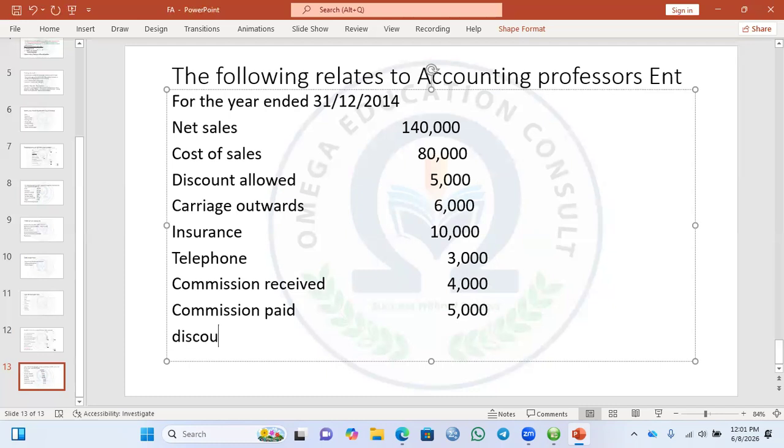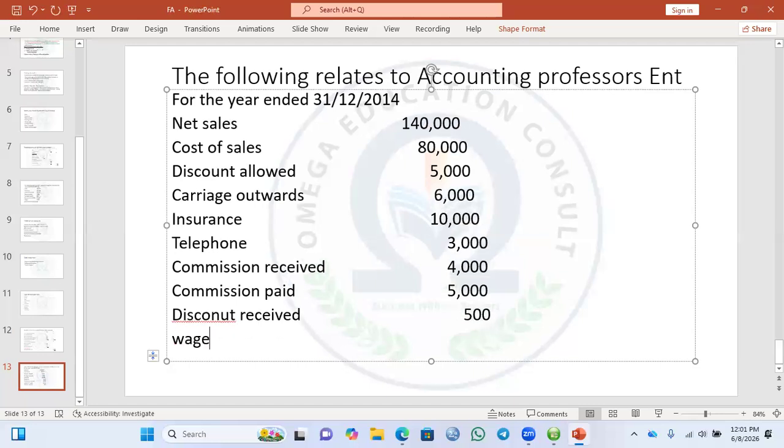You have discount received $500. Wages and salaries.